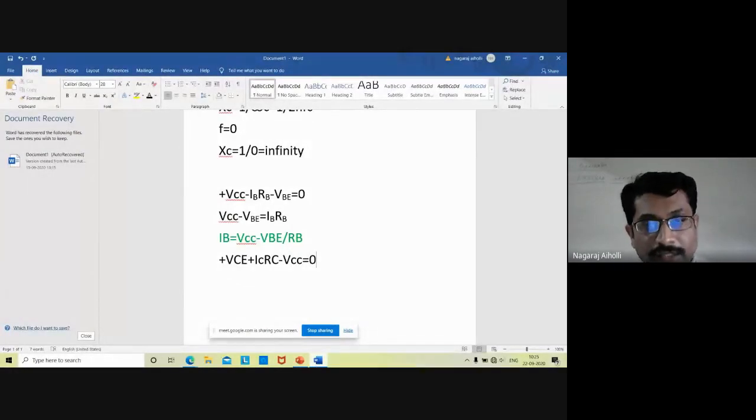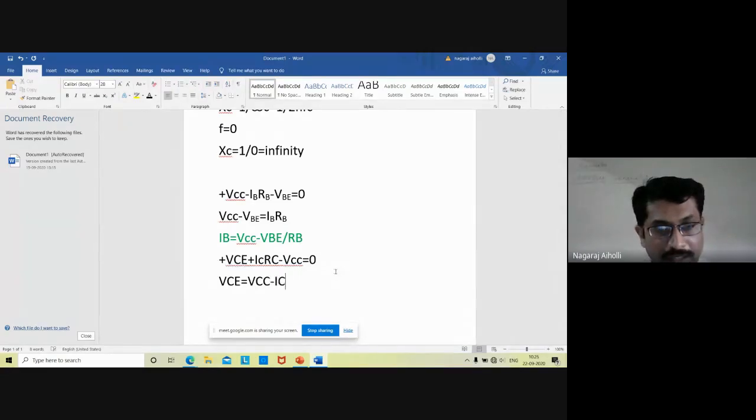Now we have to get the equation for VCE, the collector to emitter voltage. Therefore VCE will be equal to VCC. If I take minus VCC to the RHS, it will be plus VCC. Then plus ICRC, if I take it to the other side, it will be minus ICRC.